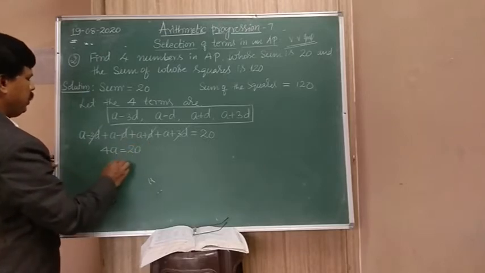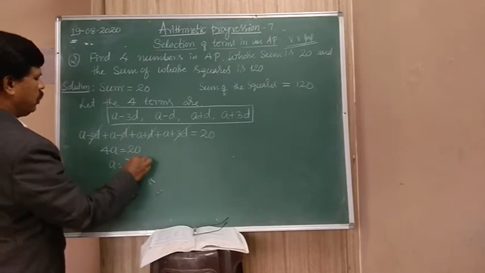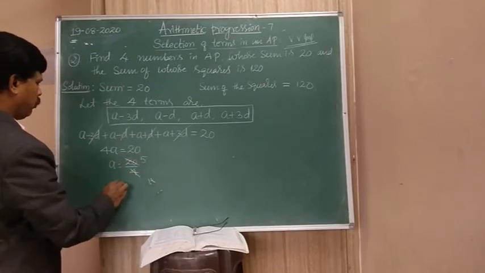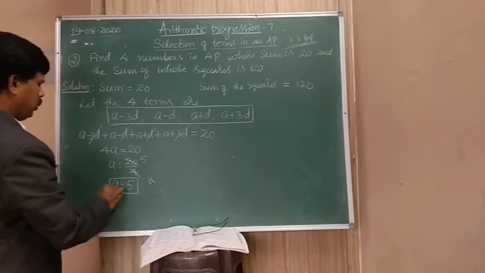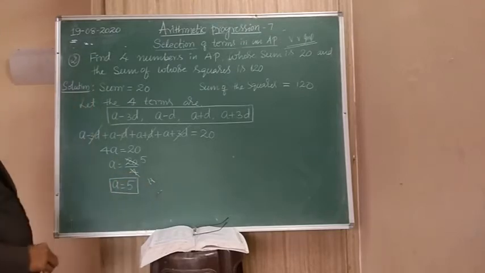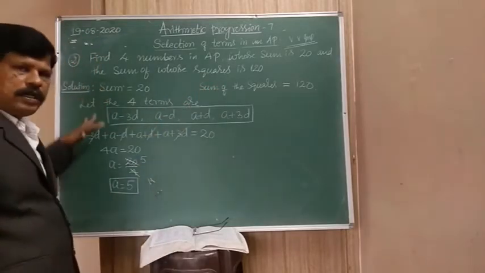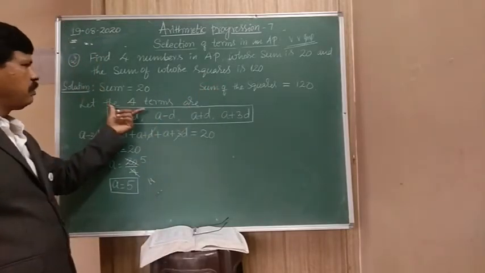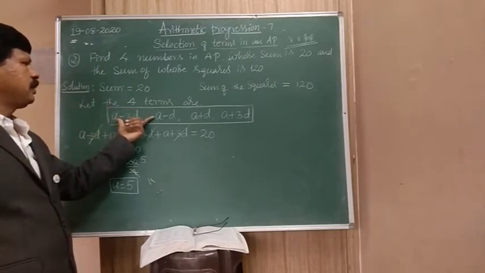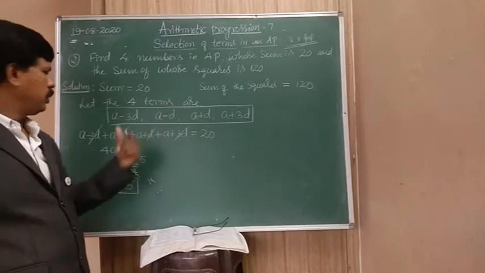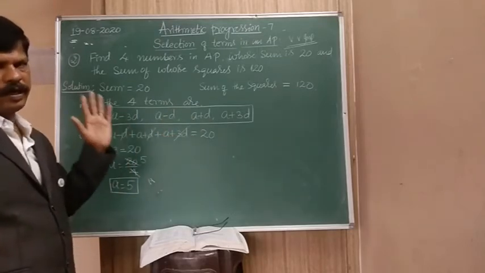Then A is equal to 20 by 4; 4 fives are 20. Therefore, the A value is 5. This is statement 1. Are you clear? When the sum is given, you take the terms like this, the 4 terms, then the sum is taken like this, then you will get the A value.